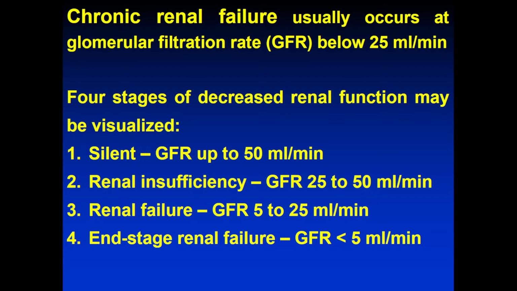Renal insufficiency, when the glomerular filtration rate is in the range of 25 to 50 milliliters per minute. Obvious renal failure, when GFR is from 5 to 25 milliliters per minute, and at last end-stage renal failure with glomerular filtration rate below 5 milliliters per minute.